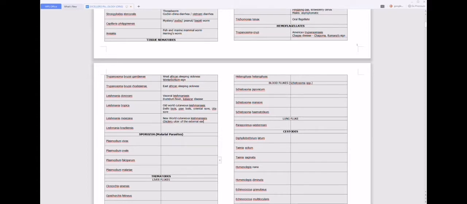So, pwede ka mag-mnemonics. Tropica, Old World cutaneous leishmaniasis. Then Mexicana, New World cutaneous leishmaniasis. Okay? So, you can look into that.